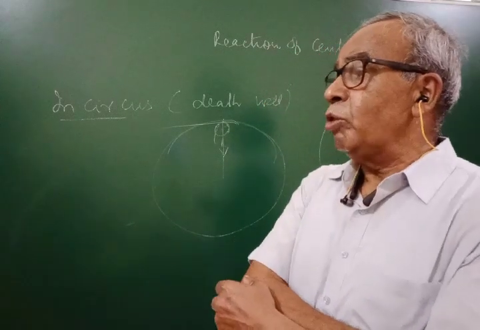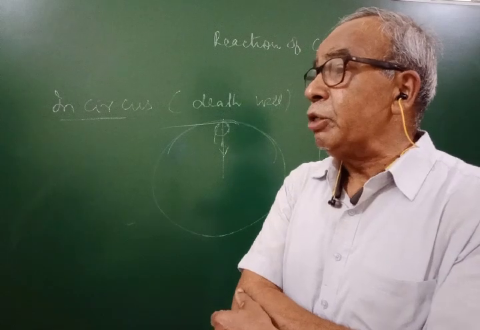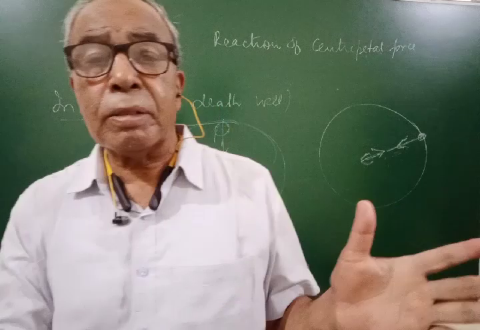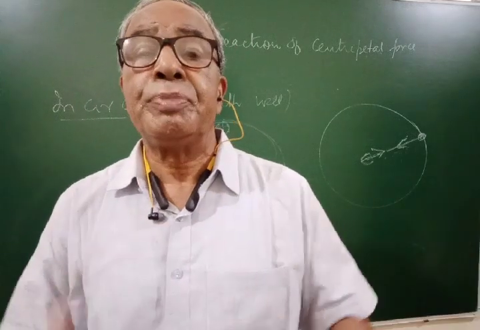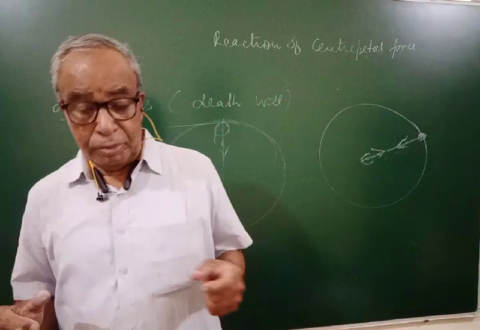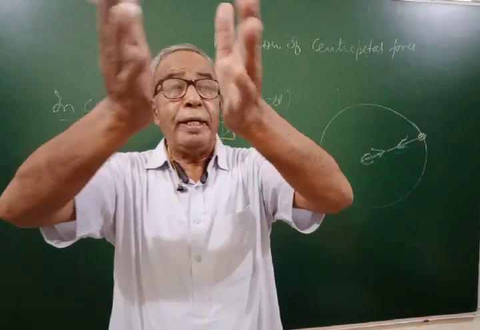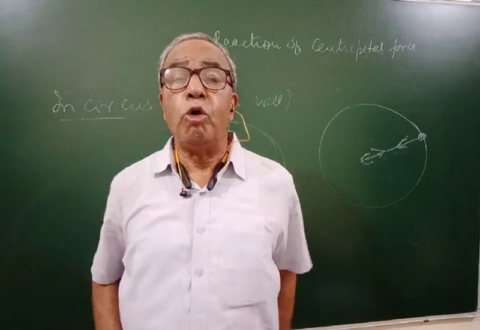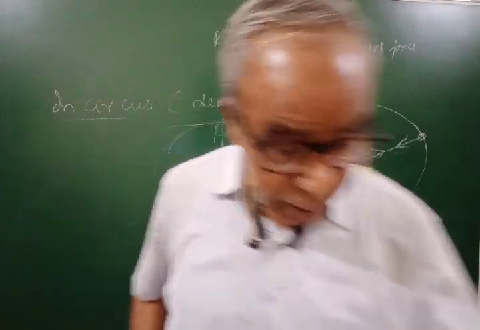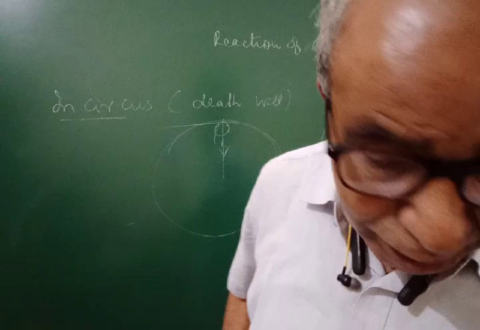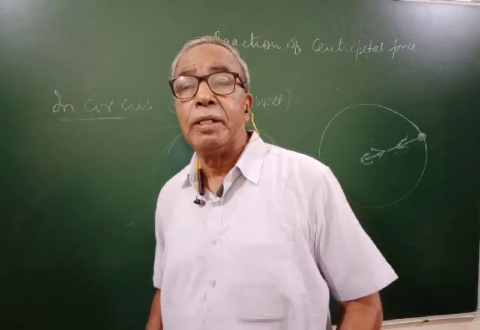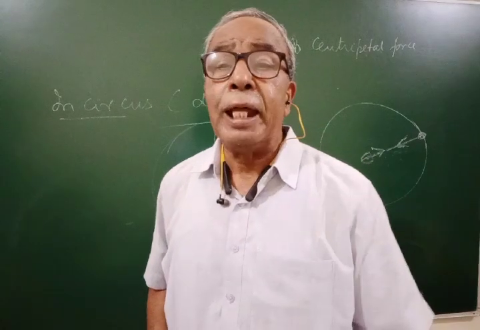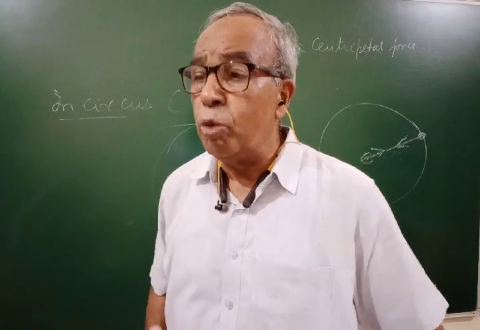And there is one term, resolving power: the ability of an instrument to show separate images of objects placed very close to each other. You must have seen that when objects are far away, two objects seem to be in the same place, but when you go closer they look separate. So the ability of an optical instrument to form separate images of two closely placed objects is called resolving power. Our telescope and microscope have a limit of resolution.